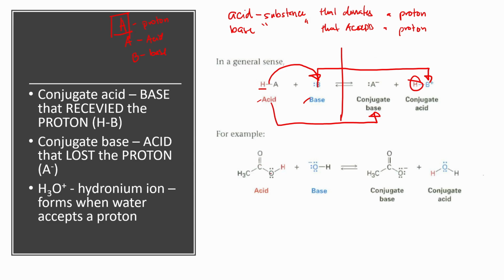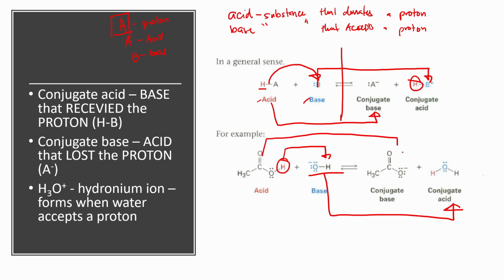Another example is on the bottom. This is an acid. It has the hydrogen atom here. It will donate the hydrogen atom towards this hydroxide ion right here, and this hydroxide ion will form our water, and this one will become our acetate.